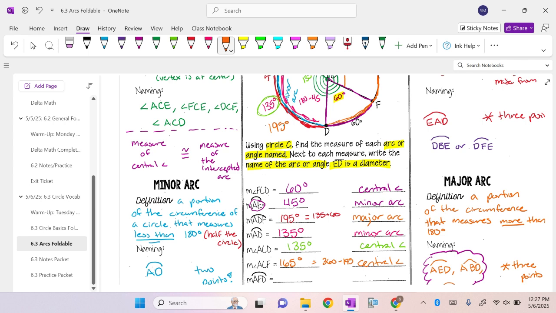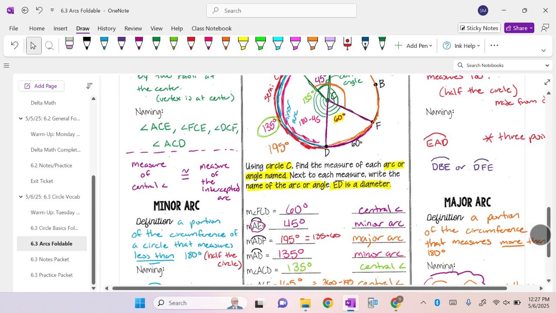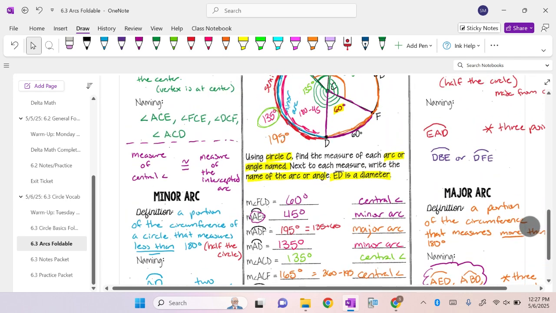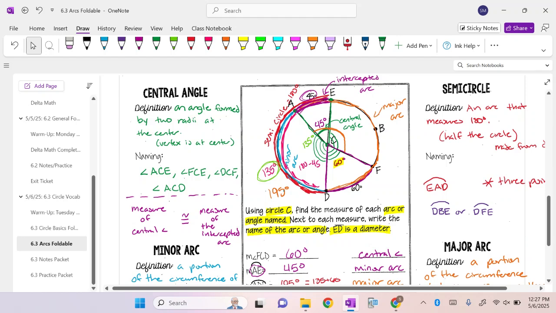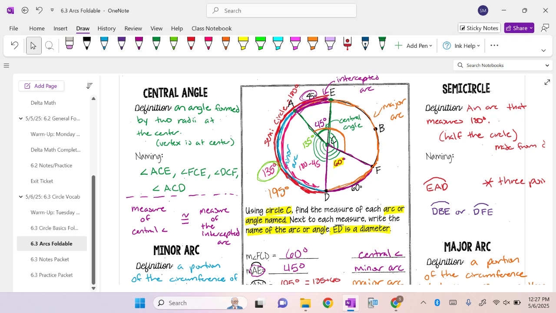All right. So that being said, arc measure AF. Let me ask you guys this. If we know that this big angle measure is 165 degrees, what's this small angle right here? What's this little tiny baby angle equal to?